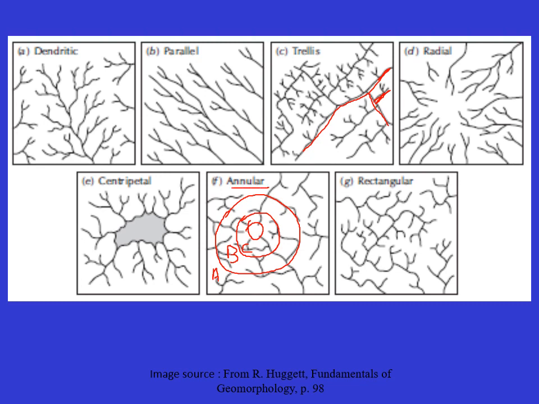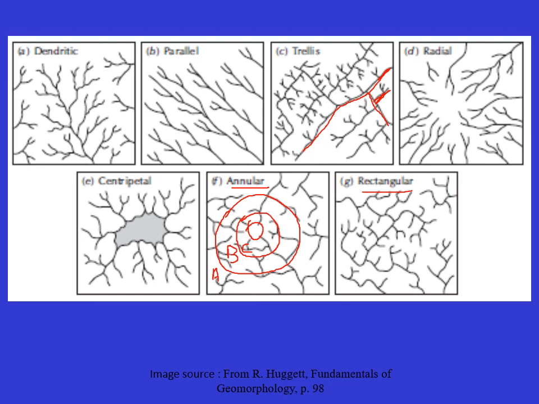And the last type is the rectangular drainage network. It is almost similar to the trellis pattern, that is, streams and their tributaries joining each other at right angles, but it is less regular than trellis, and it is mainly controlled by structural phenomena, that is, the rock must be severely faulted or jointed, and due to the structural control they have this rectangular pattern of drainage.